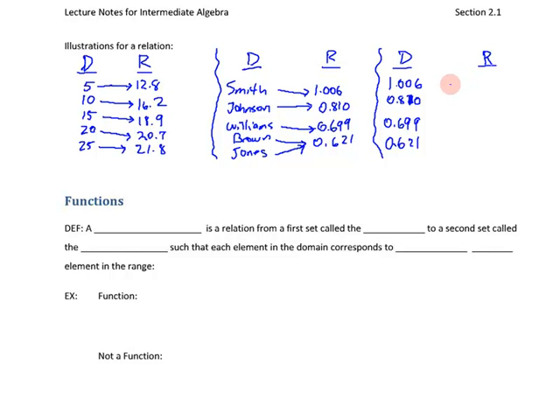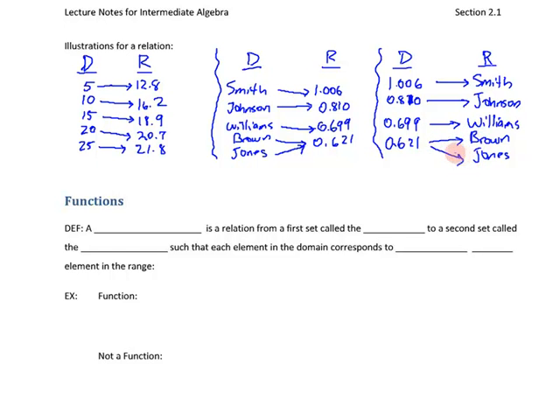If I were to just switch the roles, that is, reverse all of the ordered pairs in my relation, I have Smith, Johnson, Williams, Brown, and Jones. And here, 1.006 corresponds with Smith, 0.810 corresponds with Johnson, 0.699 corresponds with Williams, 0.621 corresponds with both of these values.